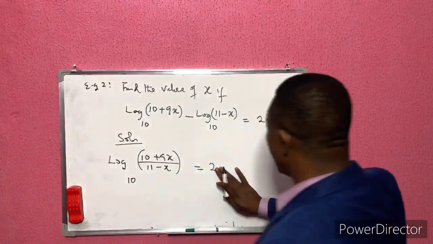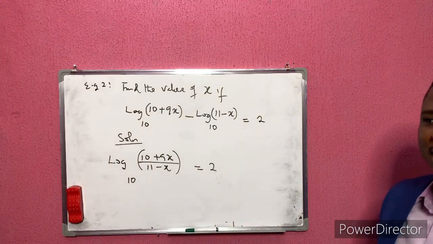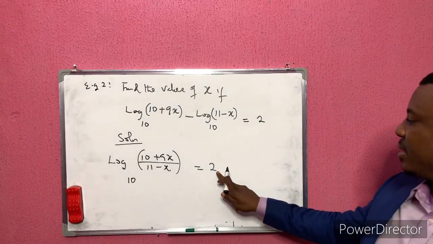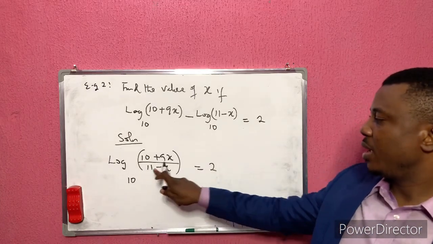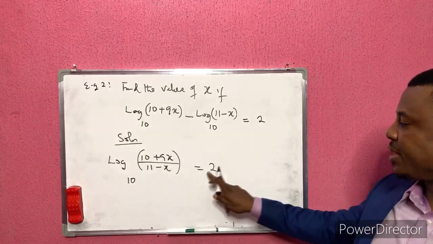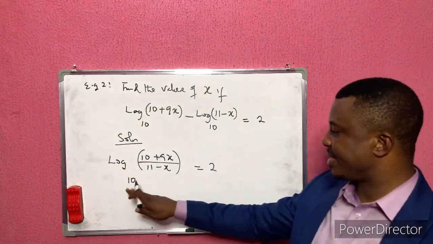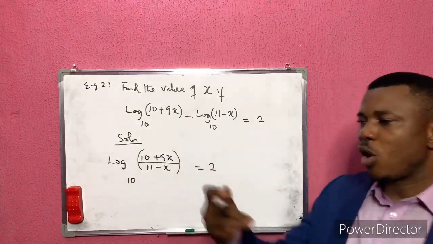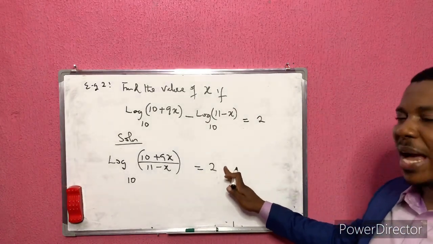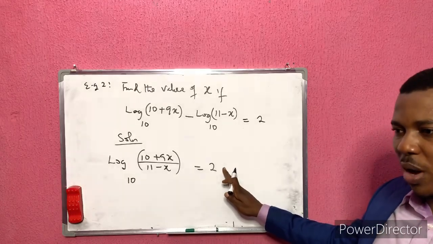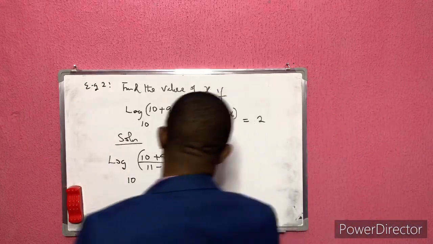There are two ways you can handle this. You can apply the first method we did by saying let this equality become the power of the base equals the log. Or you say this is 2 and this is log base 10, and log of its own base is 1. If I multiply this side by log 10 base 10, which is 1, it will not change my question.